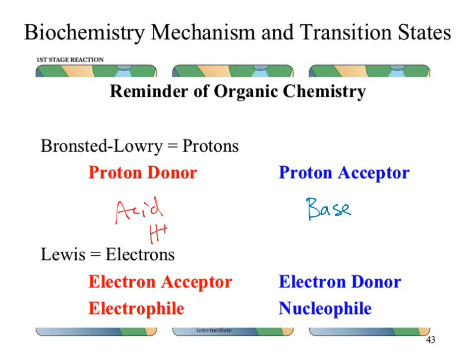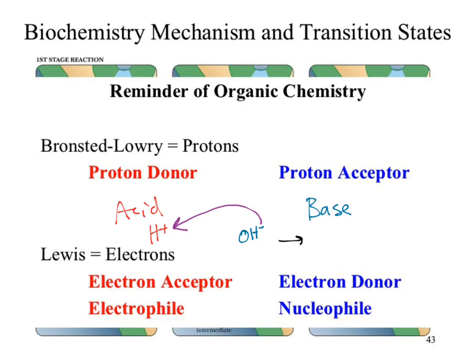They react with, come on. Acids react with bases. In the course of this reaction, what did the H plus do? We could say it donated the proton. We could also have looked at accepting electrons.